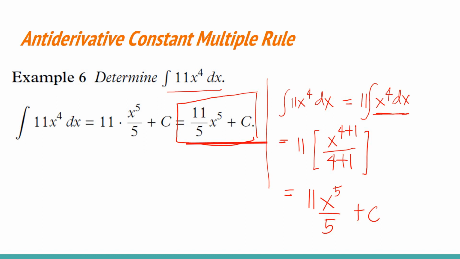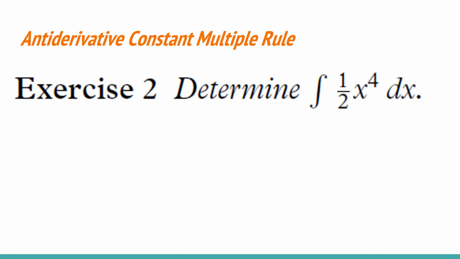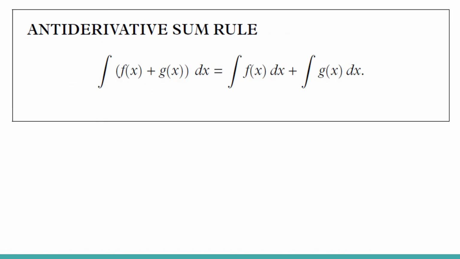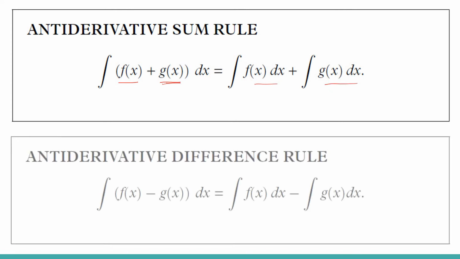Next, another exercise, and I hope you do this also. Antiderivative sum rule. There are two functions given, f of x and g of x. So the integral of f of x plus g of x with respect to x equals the integral of f of x with respect to x plus the integral of g of x with respect to x.